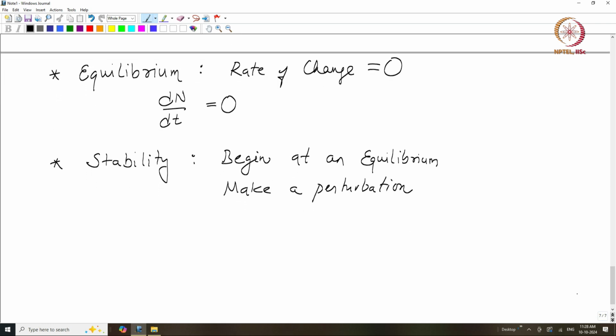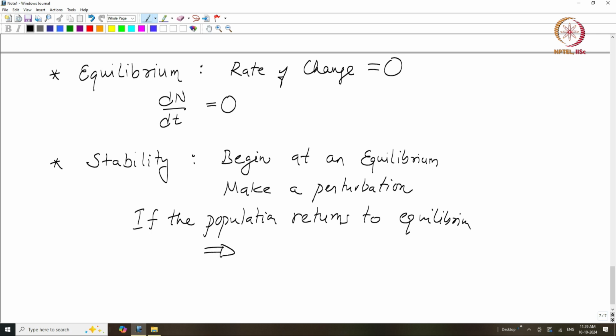Now if you let the growth and death happen, and the population returns to the equilibrium, we call such an equilibrium a stable equilibrium.